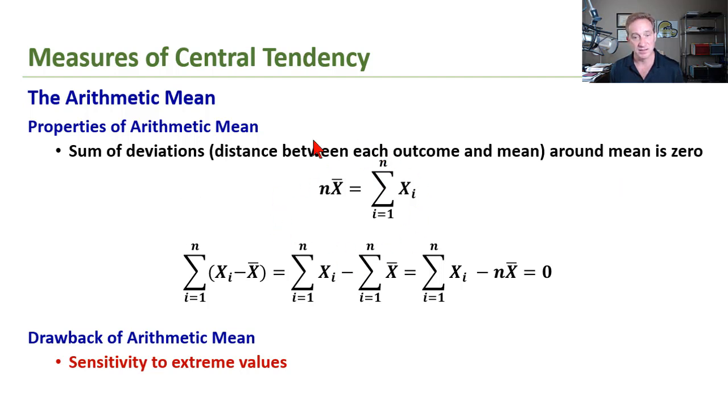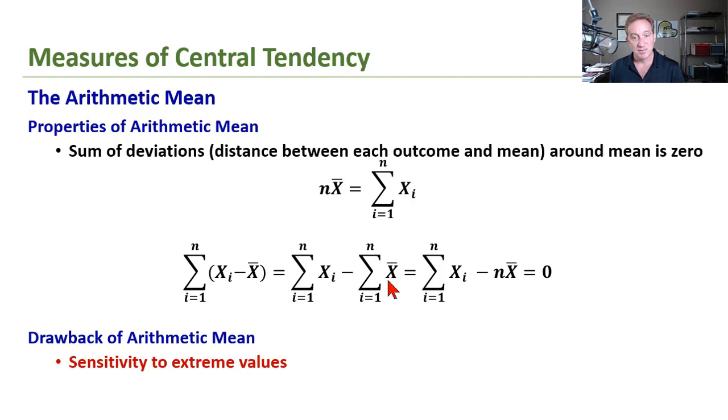Mathematically, that's given this way. After all, if we take the sample mean and multiply by the number of observations, by definition, we're getting the sum of the observations. So here, the sum of the deviations can be expressed as the sum of the observations minus the sum of n sample mean observations.